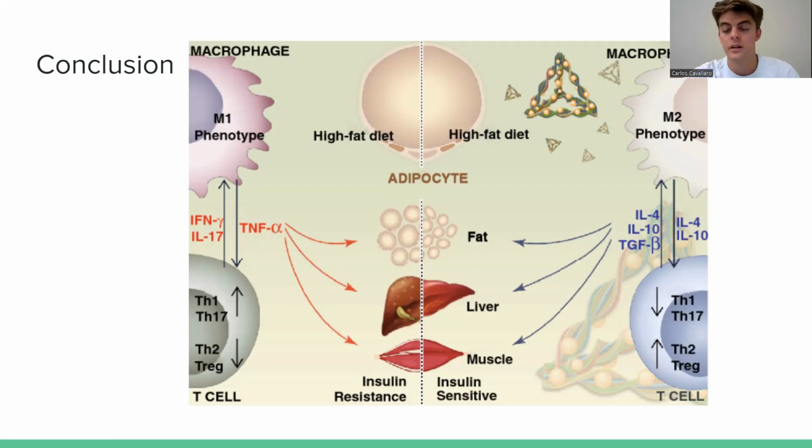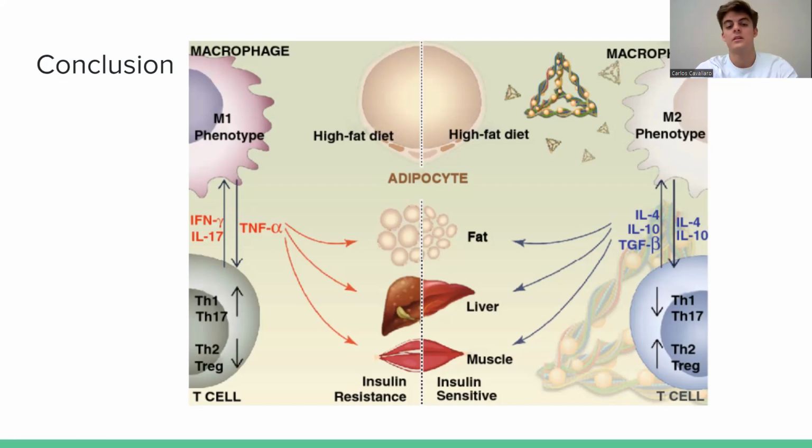And then you can also see there is promotion of the M2 phenotype of the macrophage, and there are fewer T cells that promote inflammation, and there are more T cells that inhibit inflammation. Whereas on the left side, without the treatment, there's much more fatty adipose tissue, the liver is unhealthy, the muscles are unhealthy, and overall the cells are much more insulin resistant, which is not a good thing.